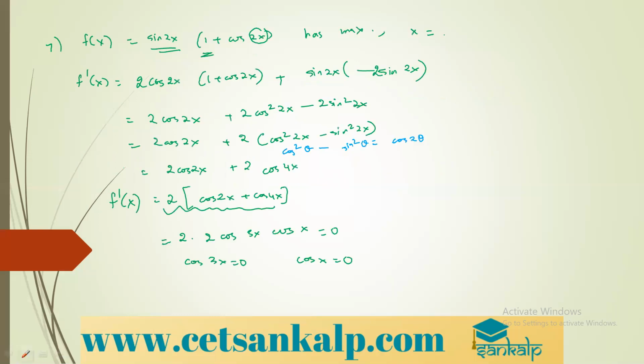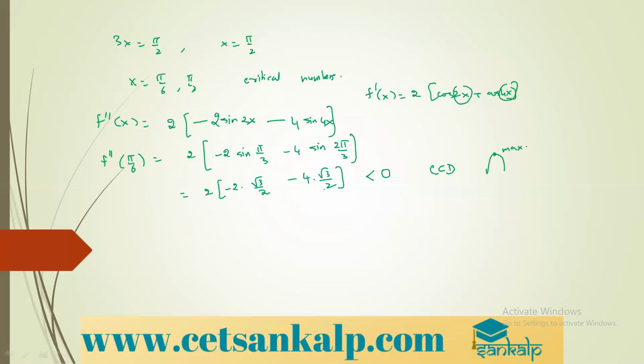But in the question, what are they asking? Maximum only. So when it is having a maximum, the function is having a maximum at x equal to pi by 6.